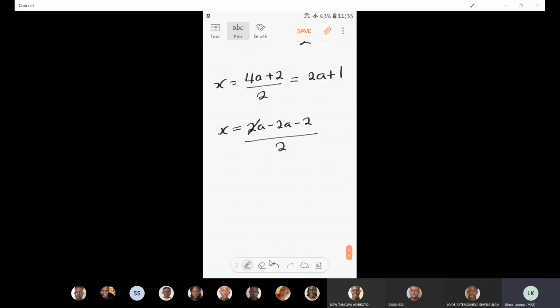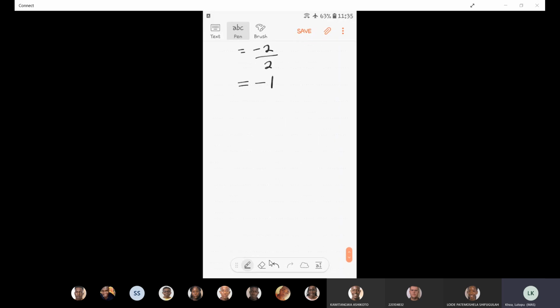So you can see these two will cancel each other out. And then I will have negative 2 over 2, which is equal to negative 1. So my two solutions, x is equal to 2a plus 1, or x is equal to minus 1. That is how you would do it.